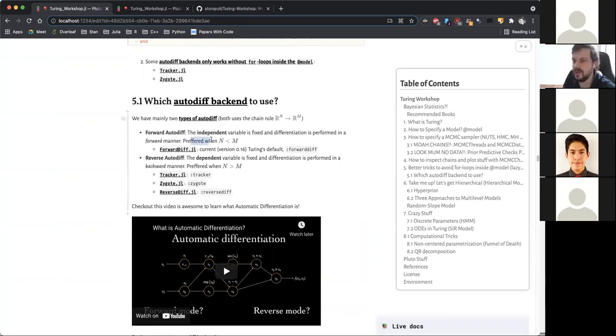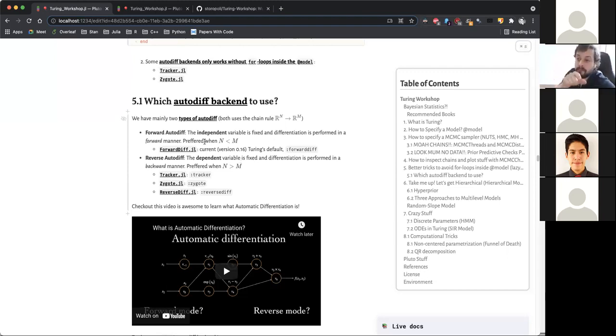This is when autodiff forward mode is better, and reverse autodiff is when you have more inputs and fewer outputs. This is why neural networks use reverse mode autodiff, because they have a lot of inputs and just one output, like a cost function.